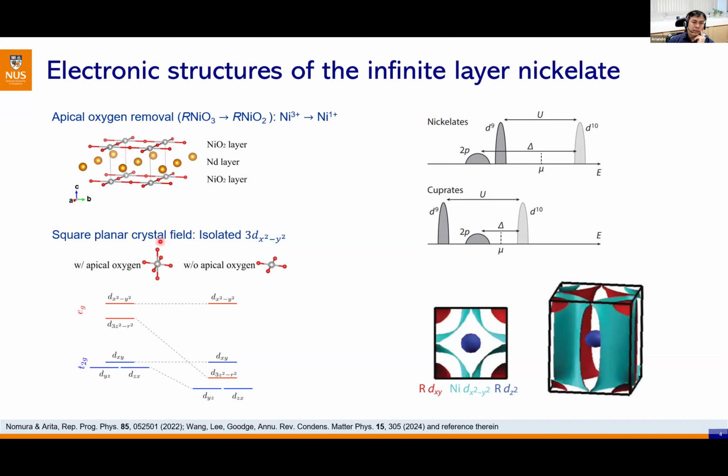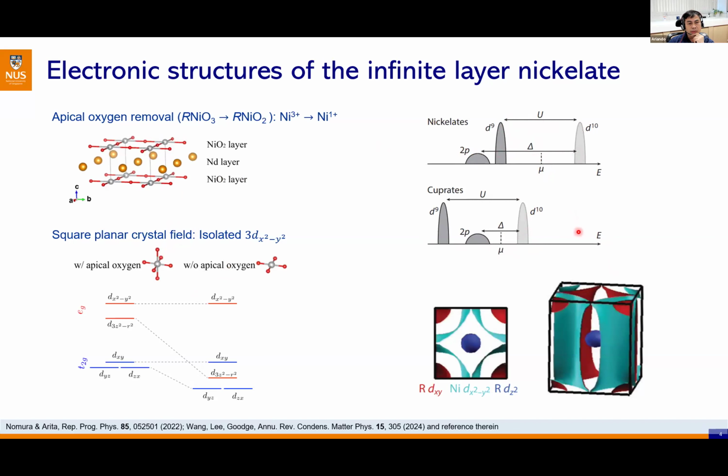Recent results also have indicated that the electronic structure represents more of the Mott-Hubbard picture rather than the charge transfer picture we have in the cuprates, with the charge transfer energy likely much larger than the Coulomb repulsion energy.